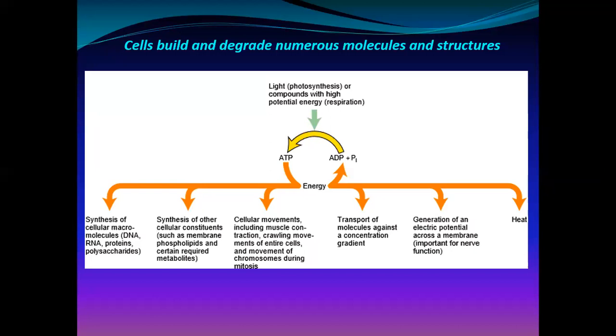And then there is the electric potential across the membrane, the nerve function. Once you keep your finger in fire, you suddenly pull it out. There is a stimulus and a response, so nerve function is needed, isn't it?